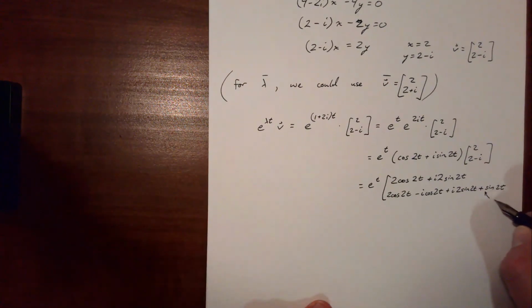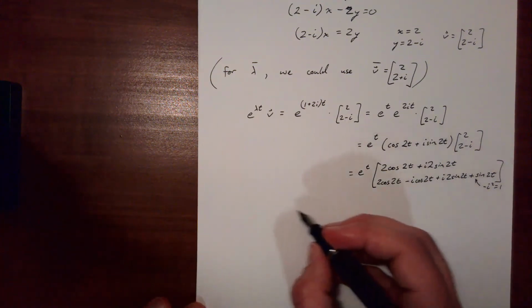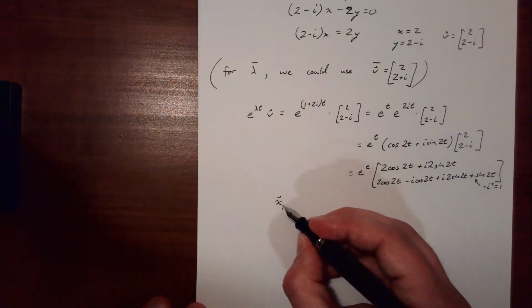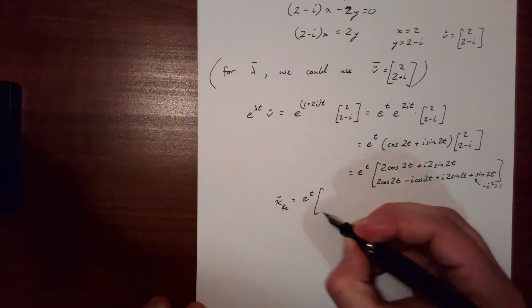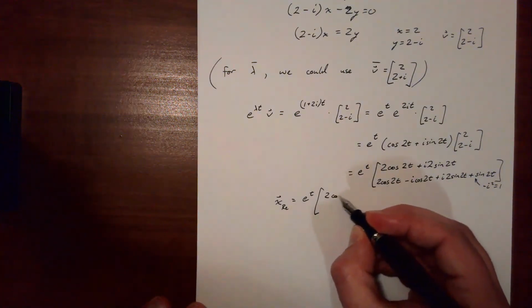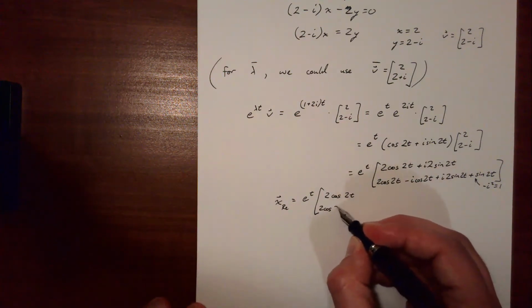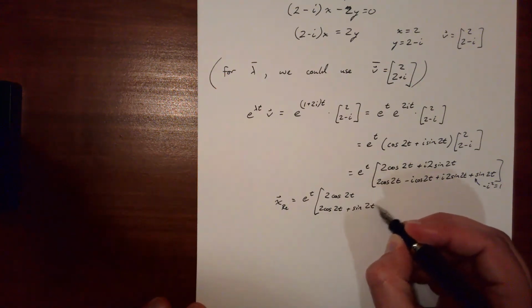And this one is because negative i squared equals 1. And then I can basically separate out the imaginary and the real parts here, and I would get x real is equal to e to the t times 2 cosine 2t. And on the bottom, we'd have 2 cosine 2t plus sine 2t.